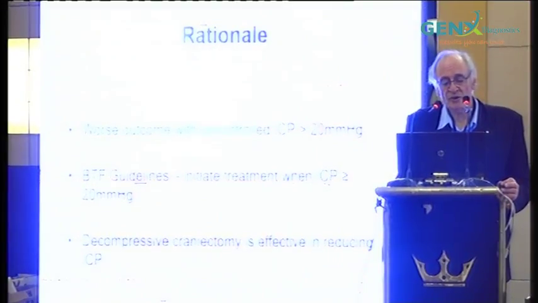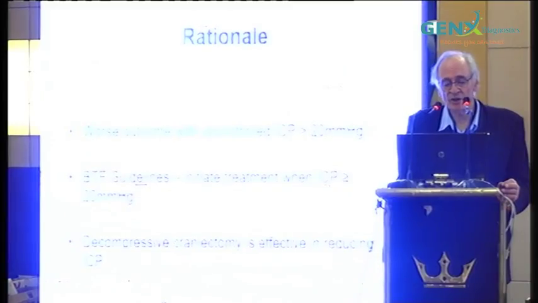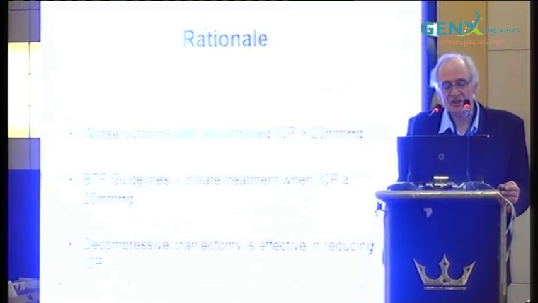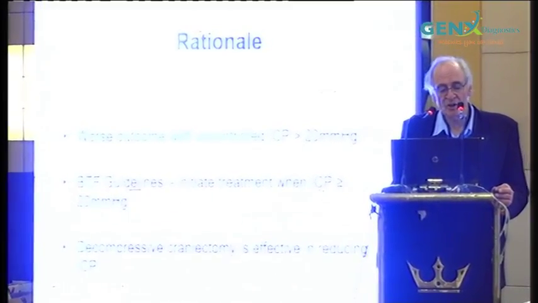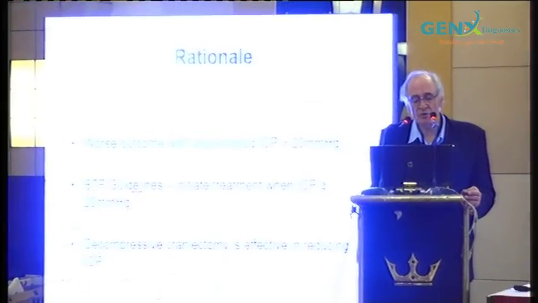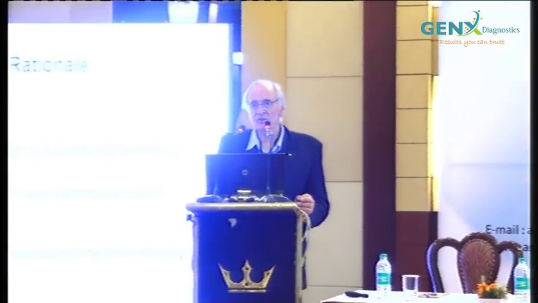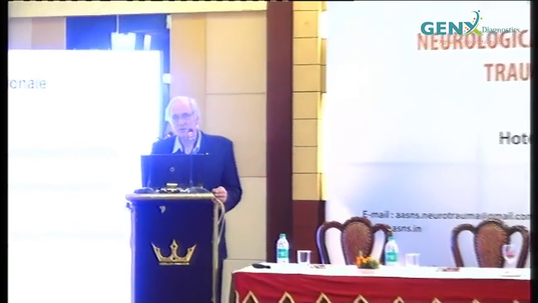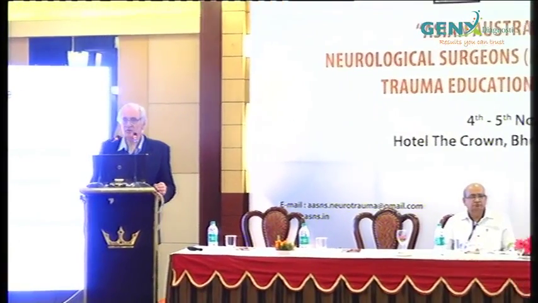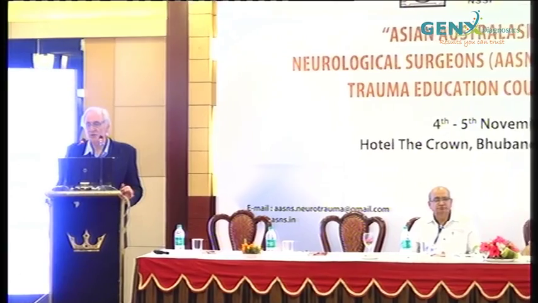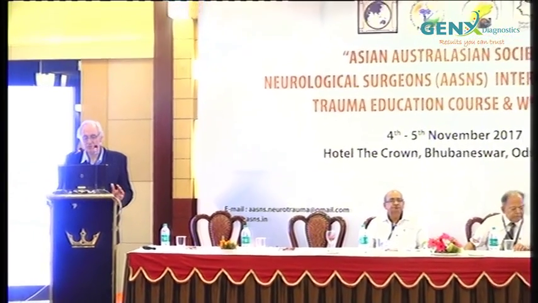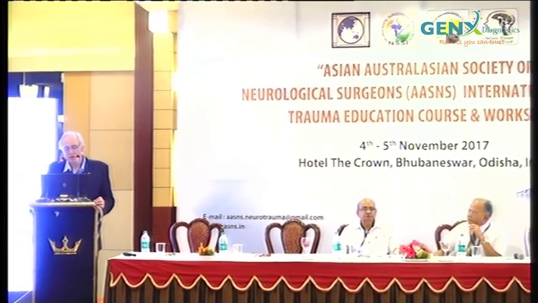And the Brain Trauma Foundation guidelines, the initial guidelines, recommended initiating treatment when ICP was greater or equal to 20 millimetres of mercury. And there were some papers which suggested that by doing this you avoided late rises in ICP, and that if you delayed, then the late rises in ICP would be worse.